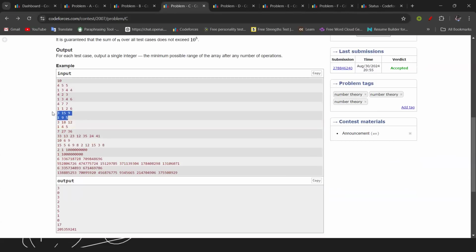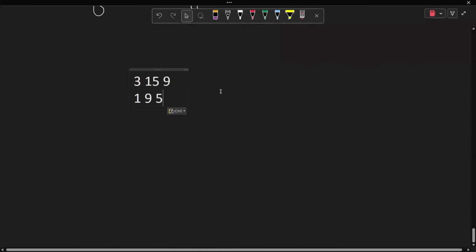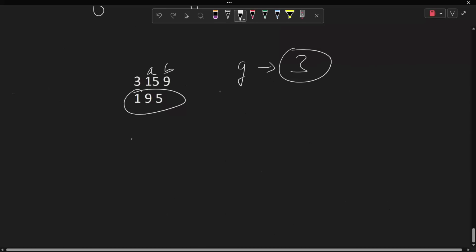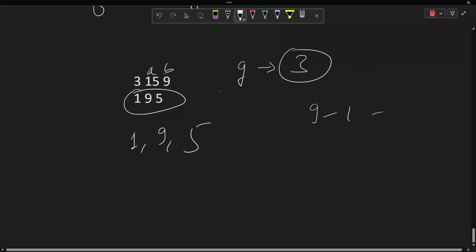In this test case, you can see here A and B were 15 and 9. So GCD was 3 here. By just using 15, I could have reduced the range. Mod 15, 9 minus 1, 8 would only remain my range.